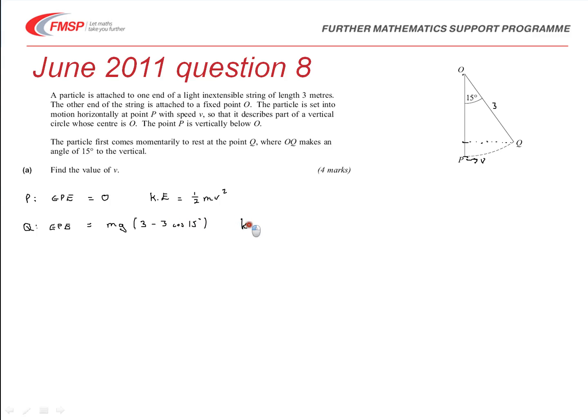Similarly, the kinetic energy, since it has come to rest at that point, must be equal to 0.